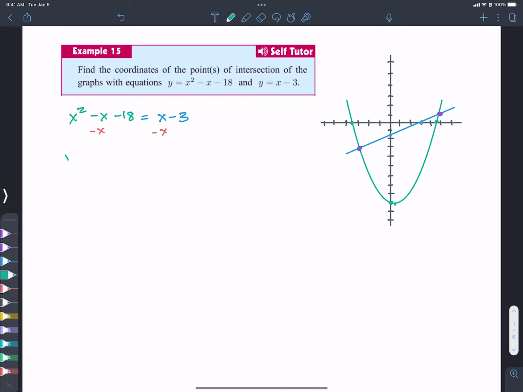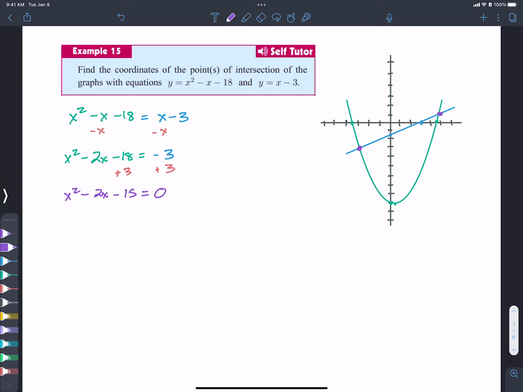So we have x squared minus 2x minus 18 equals minus 3 over here. And then I'm going to add 3 to both sides. And finally, I'm left with x squared minus 2x minus 15 equals 0.